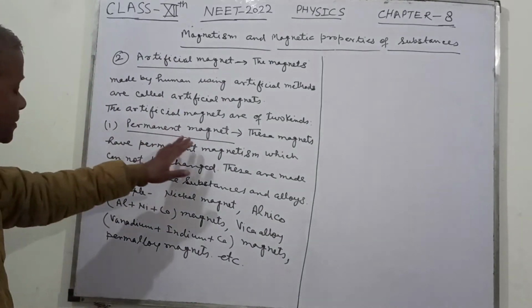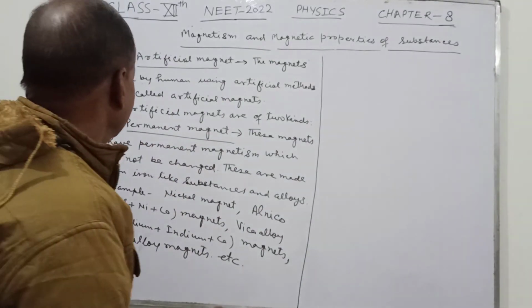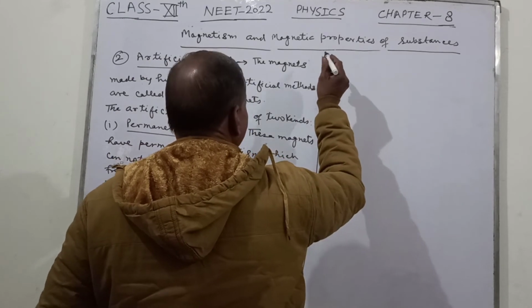This is the permanent magnet. And now the unstable magnet.